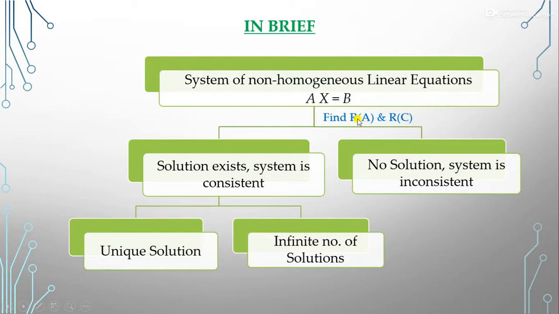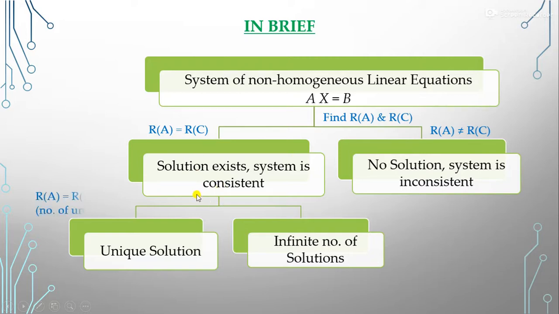When we find rank A and rank C, if rank A is equal to rank C, we can say that our solution exists and the system is consistent. If rank A is not equal to rank C, we conclude that the system has no solution. In the case where rank A is equal to rank C, again we have two types of solutions.